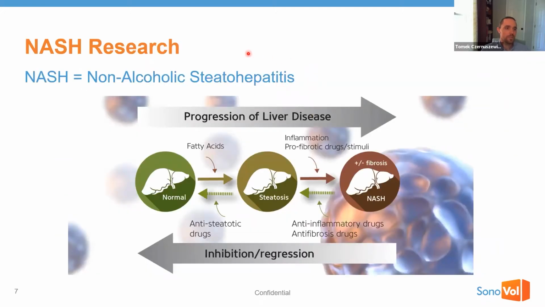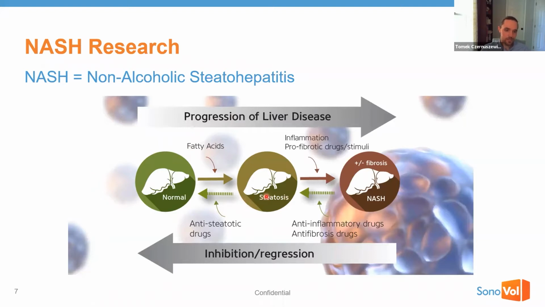The primary focus of this talk will be on NASH, although I do want to make the caveat here that these tools do go beyond NASH. NASH is particularly interesting because it has this multi-stage pathologic process where initially we have a normal liver, but then due to lifestyle decisions or genetics, the liver begins to sequester fatty acids and enters this steatotic state.